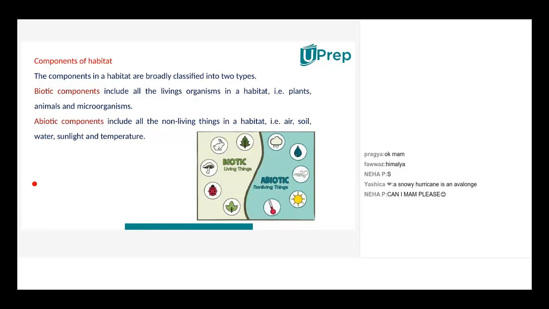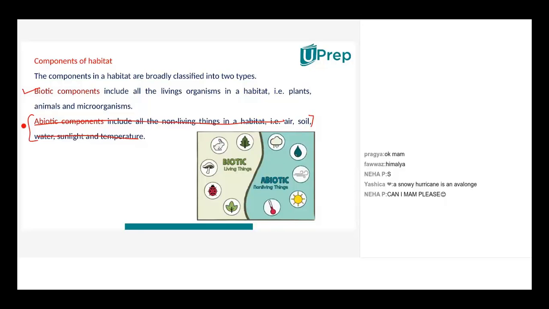Okay, now a question that I want to ask all of you is, what is the need of an abiotic component? It's not needed. I cut it off. Can the biotic component survive? No, ma'am, the biotic component cannot survive without the abiotic component. Why?